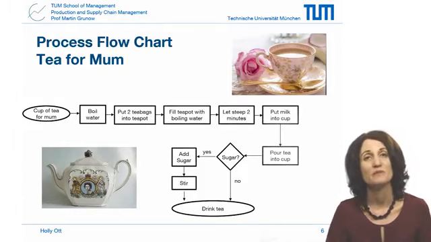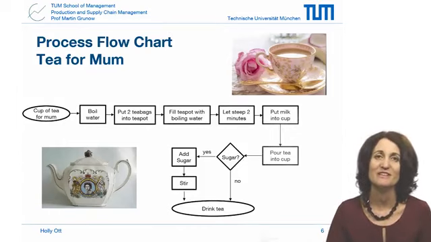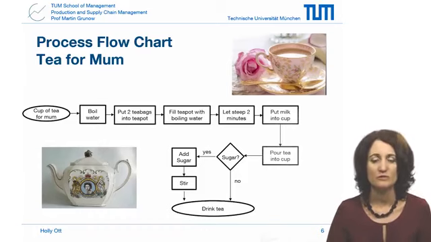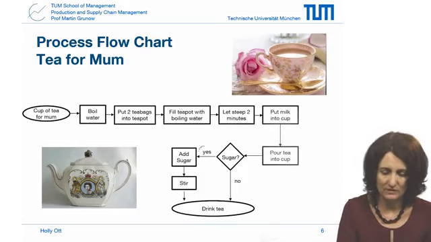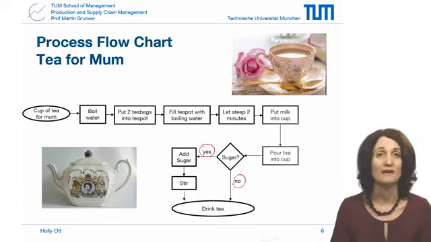And this is because you don't want the milk to scald when you put it into the tea water. You put the milk in first, then you put the tea into the cup, and then you decide if you want some sugar. If you do, then you follow your flow chart over here, and you say yes, you add some sugar, you stir and drink your tea. If not, you can go ahead and drink your tea.